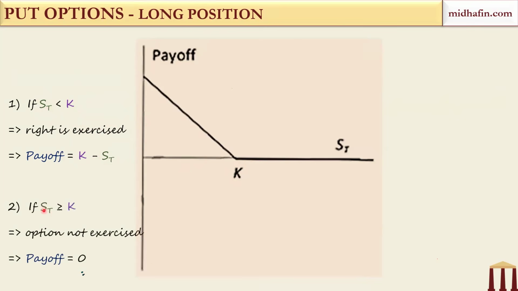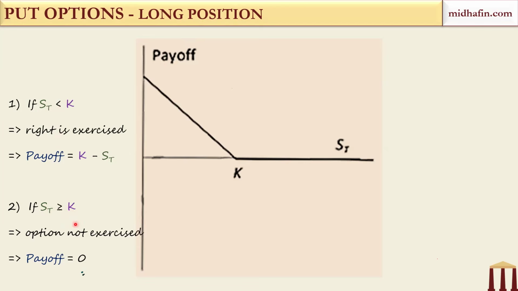But if the value of the underlying asset is greater than or equal to its delivery price, then what is the point of exercising this option? See, very carefully. In fact, I think this is a mistake which many books have made with respect to this equal to sign. Now, you might be wondering why the equal to sign over here and not here. Because even if ST is equal to K, will you exercise the option?